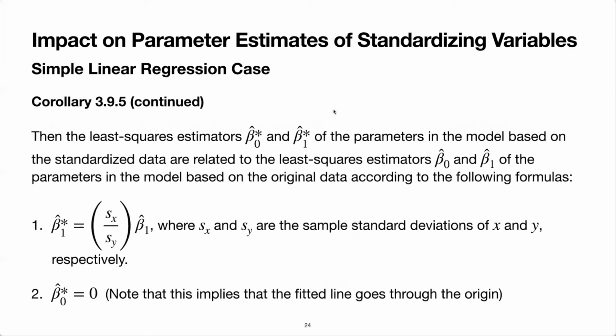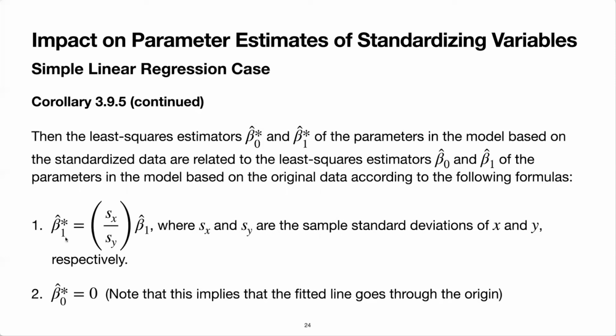Okay, and so when we do that, the least squares estimators beta 0 star hat and beta 1 star hat of the parameters in the model based on the standardized data are related to the least squares estimators beta 0 hat and beta 1 hat of the parameters in the model based on the original data according to the following formulas.